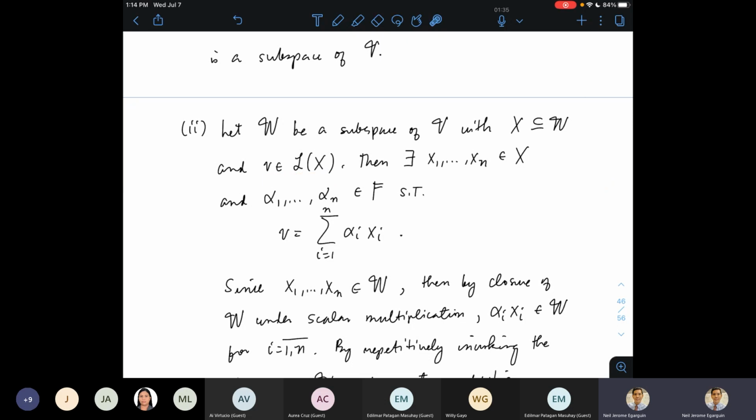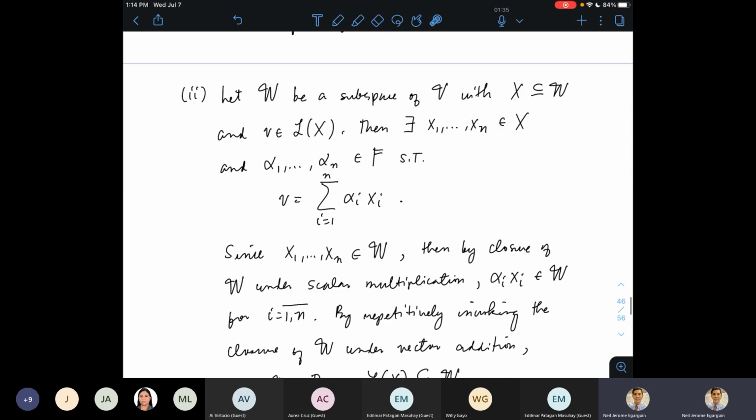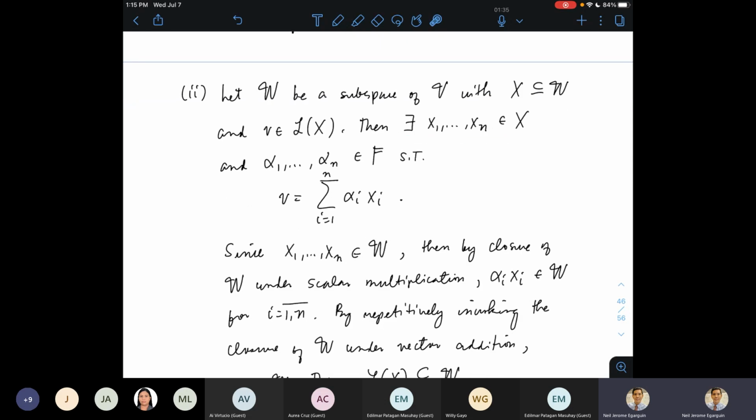But how can I show that? Well, try to analyze it with what information you have. So here, the only assumption we have so far is that V is in curly L of X. So dahil na kay curly L of X siya, linear combination siya ng elements ni capital X. So there will exist elements of capital X and scalars in the field F such that V is this linear combination.